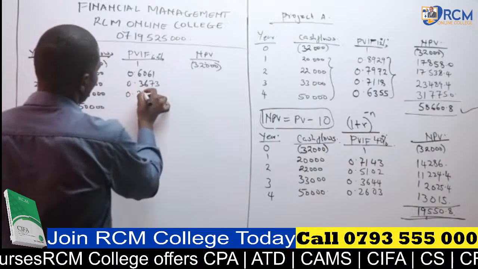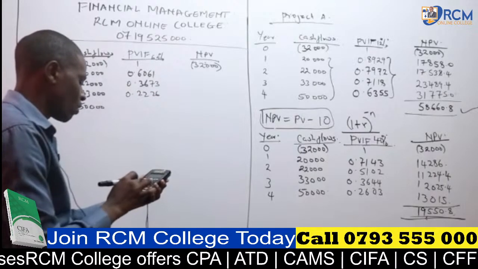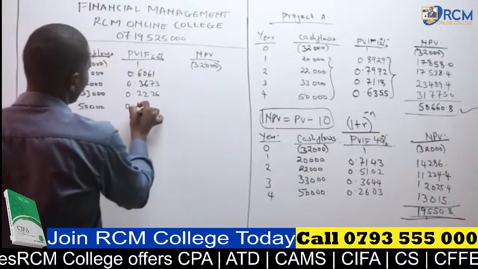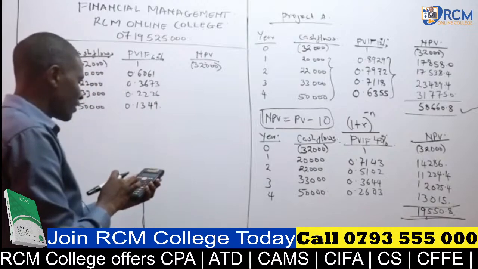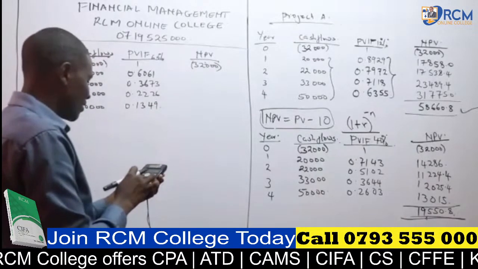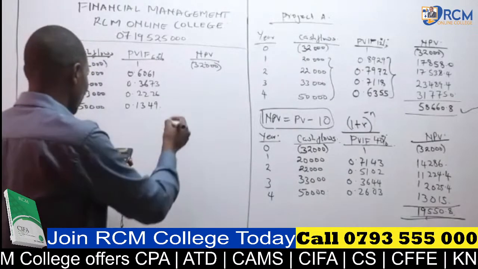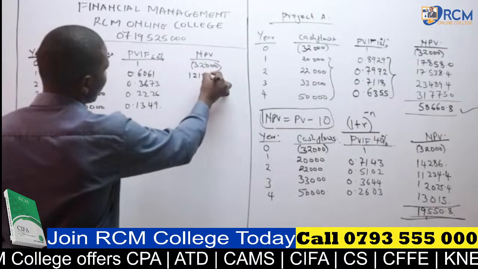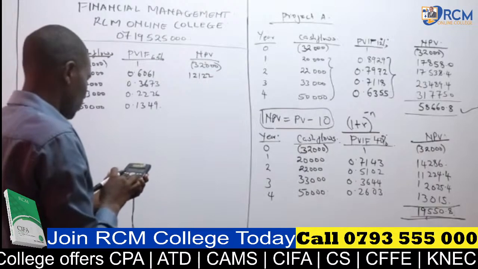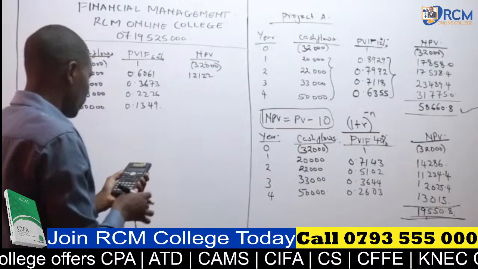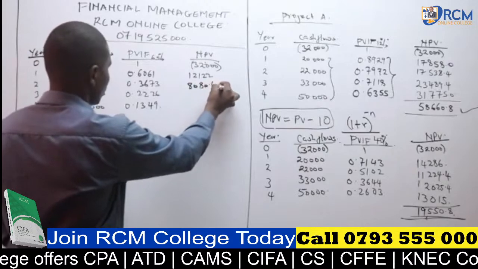0.2226. Wow. 1.65 raised to power negative 4, almost there, 0.1349. Do you think this will give us a negative? Let's try. 20,000 times 0.6061 is 12,122. 22,000 times 0.3673 is 8,080.6.